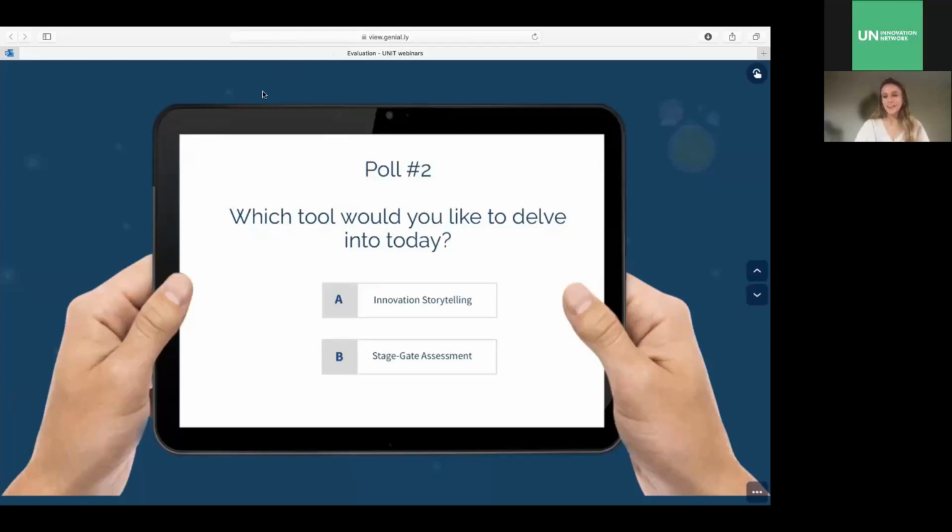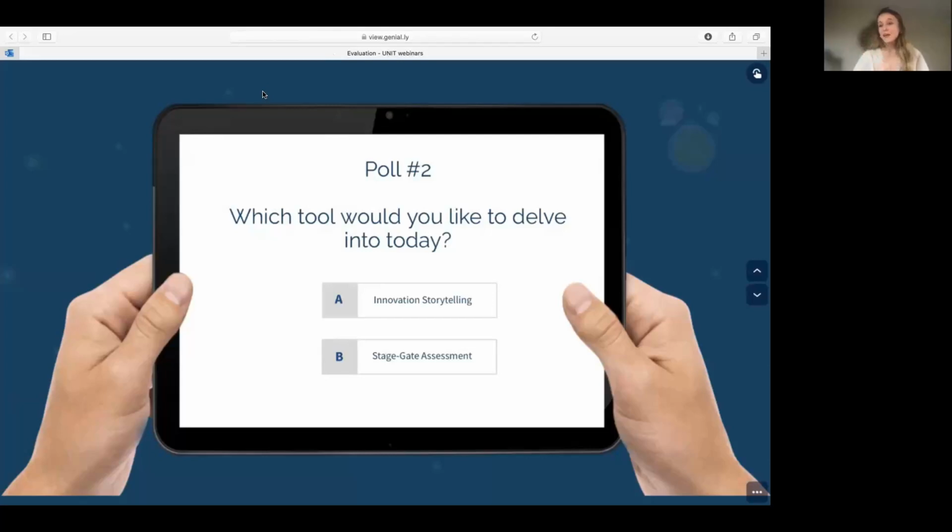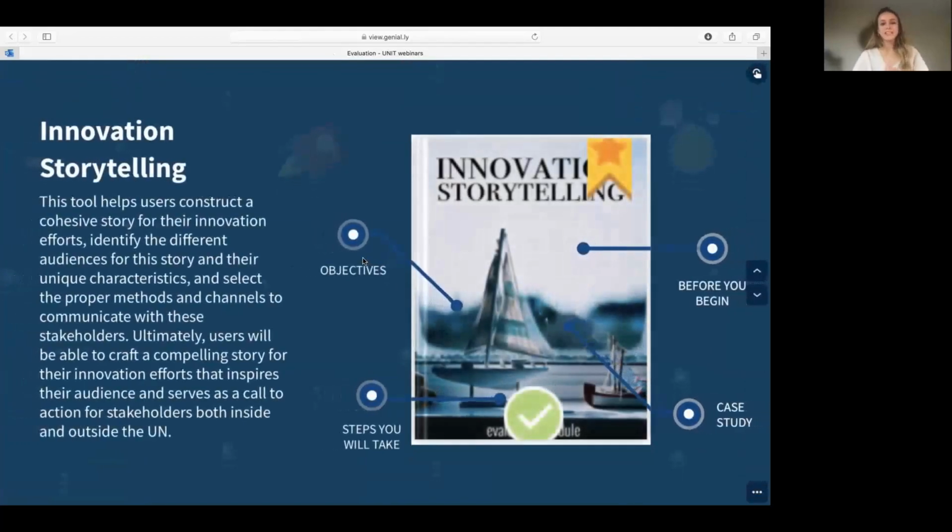Well, just to add, I of course recommend you to use the state gauge assessment tool to determine these indicators, even if we don't get into it today. And let's go to innovation storytelling. As already expressed, this innovation storytelling is in order to support the creation of a cohesive story for your innovation efforts, and to share the results of your innovation impact.